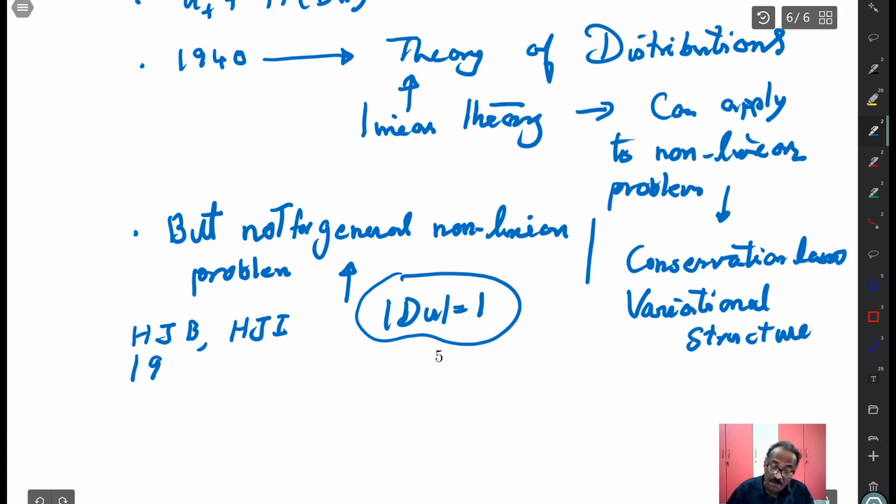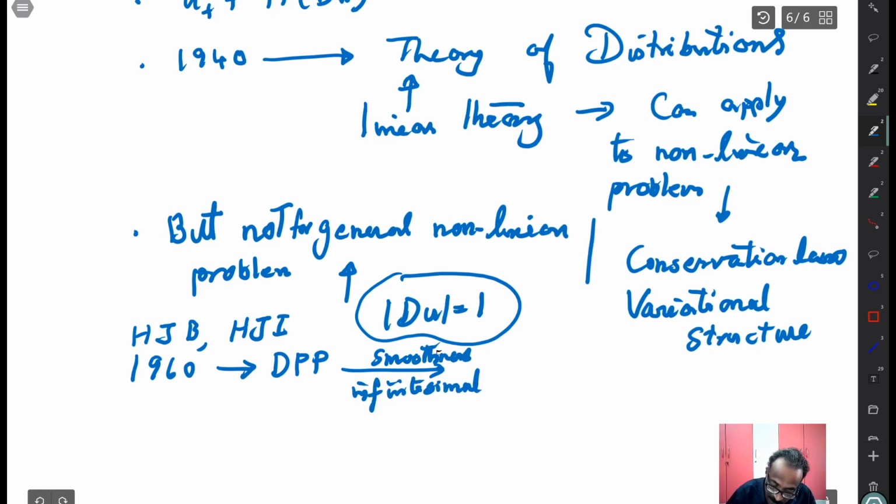The theory became very important in the 1960s, and one of the principles was a functional identity or inequality, what is called the dynamic programming principle. If you have smoothness, its infinitesimal version gives you the Hamilton-Jacobi equation.